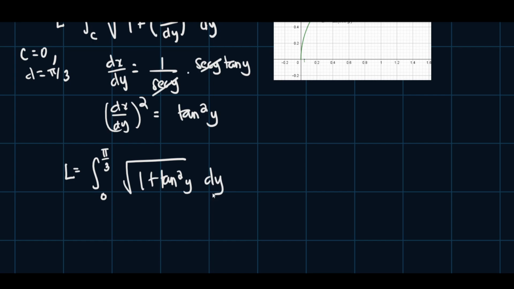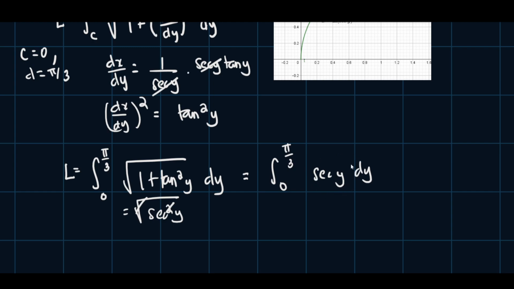Now, solving this one, take note lang na by using Pythagorean identities, yung 1 plus tangent squared y, this is actually the same as secant squared y. Okay? So, magka-cancel out yung square root at yung exponent. We have the integral from 0 to pi over 3 ng secant y dy.